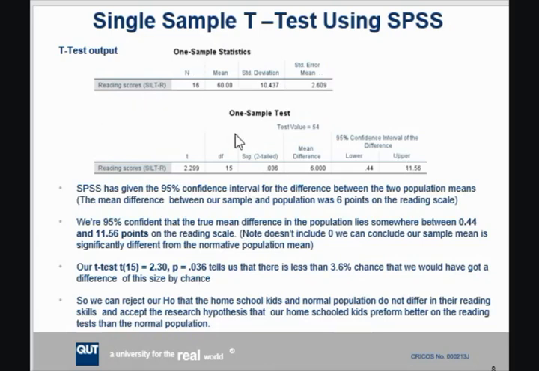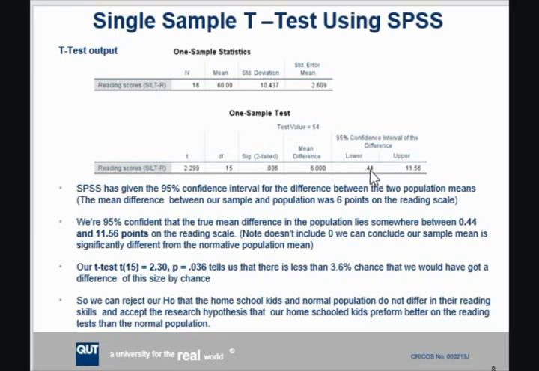So we run our little single sample t-test and we can see that we have a significant t-value, that the mean difference between our homeschool kids and the population is 6. And here we have the confidence intervals of that difference between means. We can see it goes from 0.4 to 11.